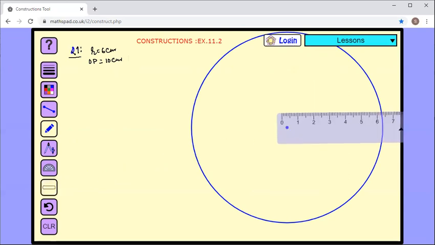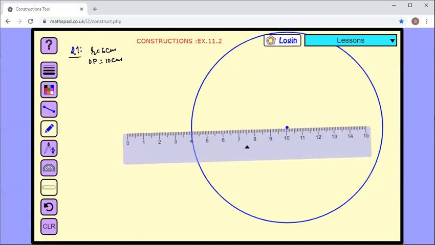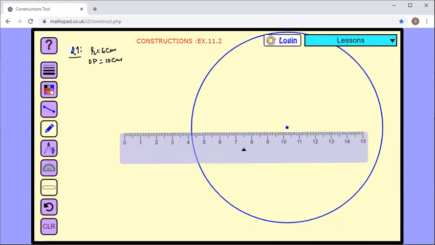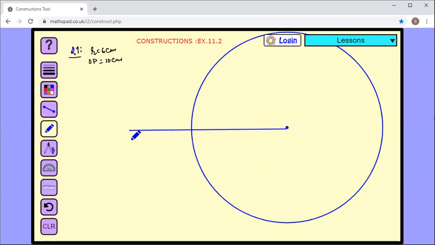So children, lift the scale and then 10 centimeter away from the center we will take a point P here and draw a line. Now again this is point P.